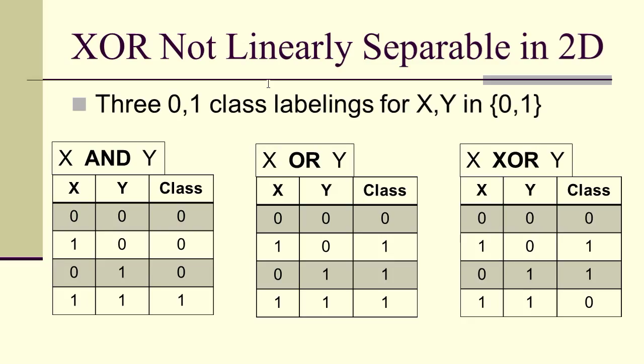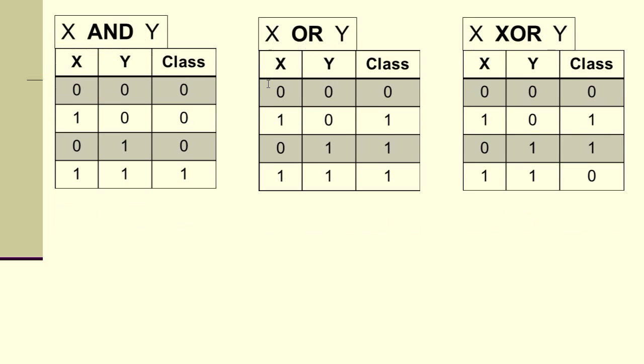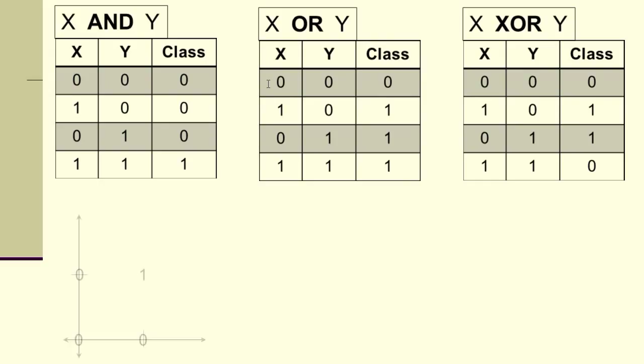In contrast, x or y, as long as one of them is true, then their combination with the OR is true. The XOR says that x and y being the same leads to false, and being different leads to true. Now, the AND problem is clearly separable with a straight line.